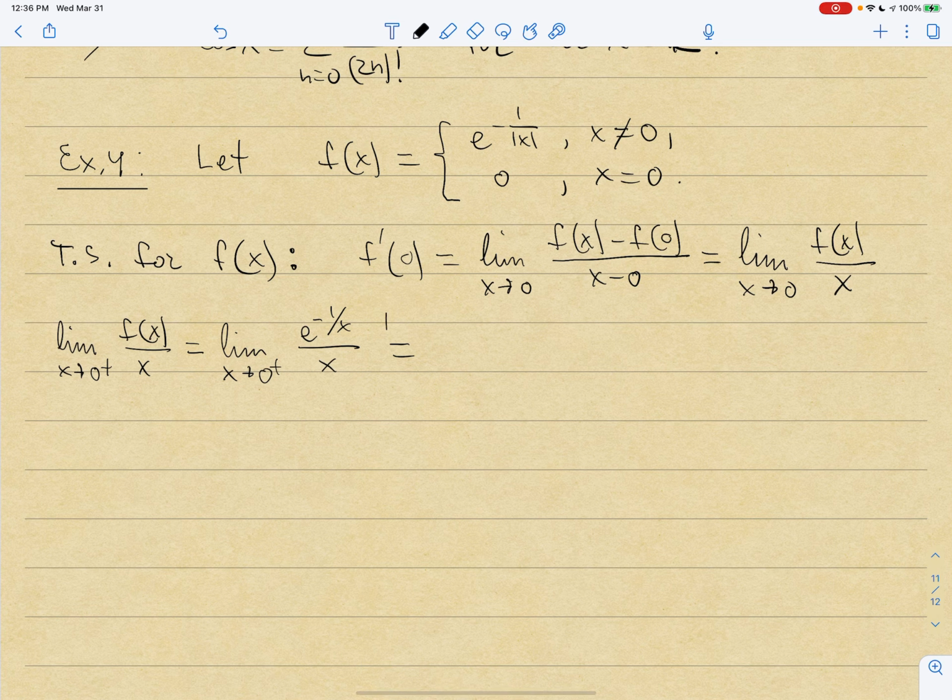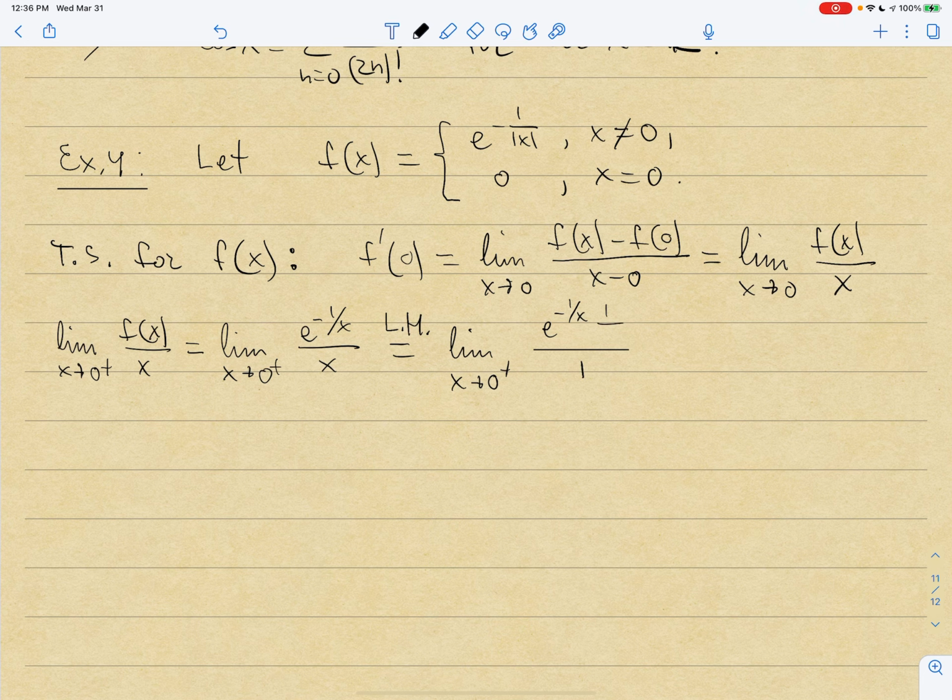By L'Hopital's, this is the same thing as the limit as x goes to 0 plus. The denominator is simple, its derivative is equal to 1. And the derivative of the exponential is itself, e to the minus 1 over x, times the derivative of minus 1 over x.